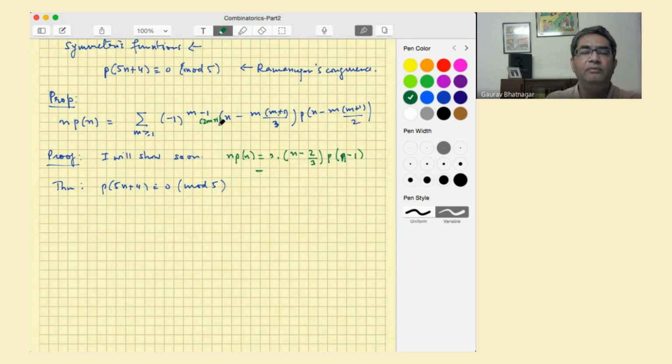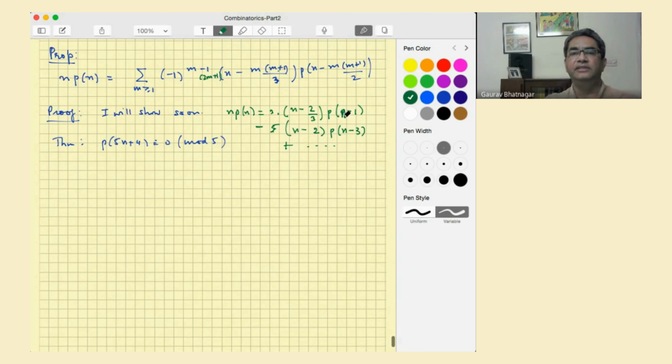The second term will be m equal to 2, so there is 5 here, times p(n minus 2·3/3), minus, now m equal to 2, so n minus 3, plus so on. So this is a recurrence relation in terms of n p(n).